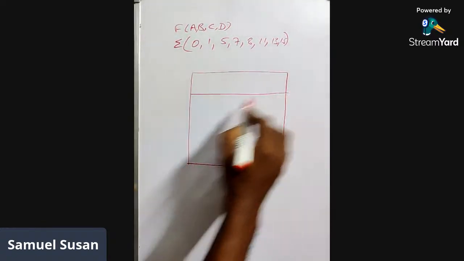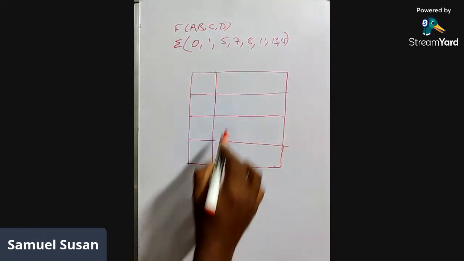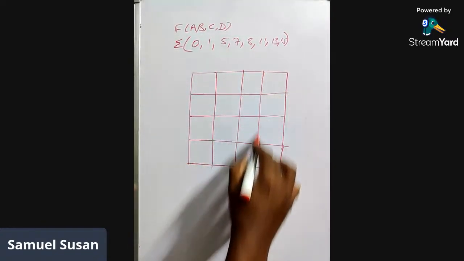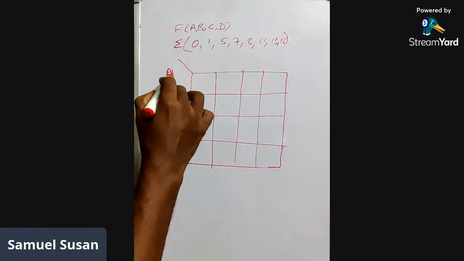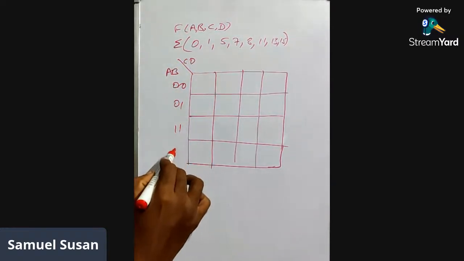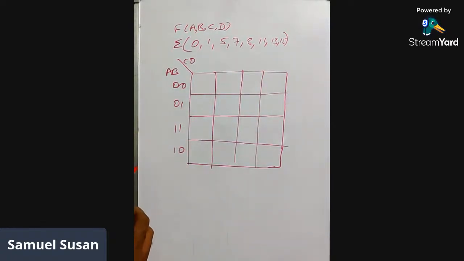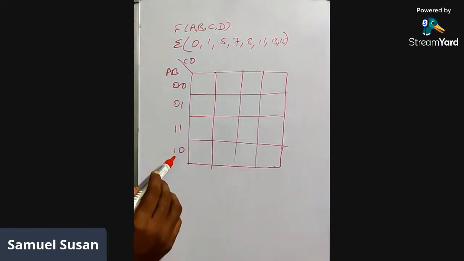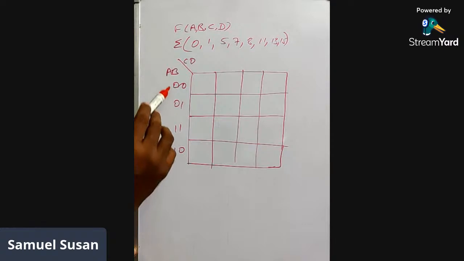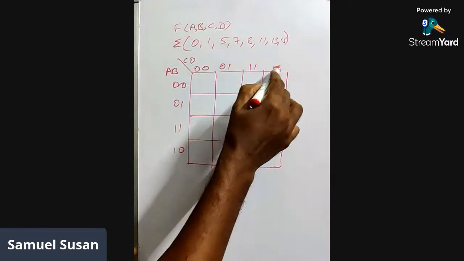The common mistakes students make, I'll tell you here. Once you draw the map, you will mark ABCD here. So 00, 01, here it is 11 and 10. Mostly they swap this, they write in the general binary order that we see. Actually, that is 10 here and 11 here. So please be sure that you write these correctly before you go to the marking.